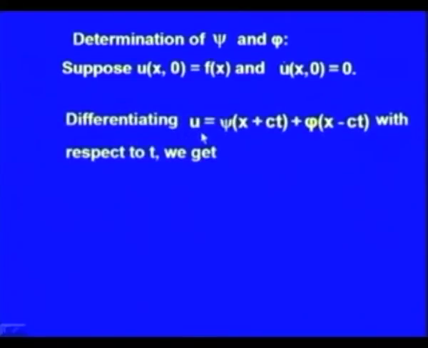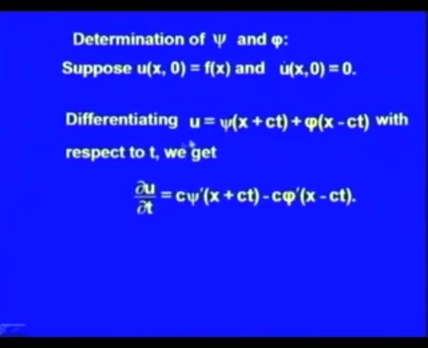Let us differentiate u equal to psi of x plus c t plus phi of x minus c t with respect to t. We will get delta u over delta t equal to c into psi dash of x plus c t minus c into phi dash of x minus c t, where the primes here denote the derivative with respect to x plus c t and the derivative with respect to x minus c t.